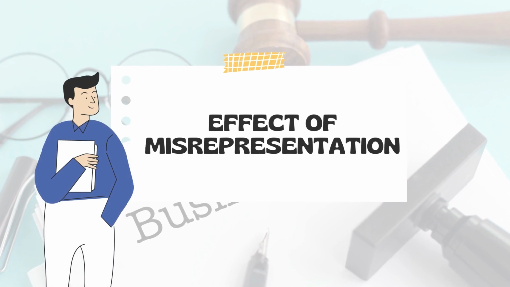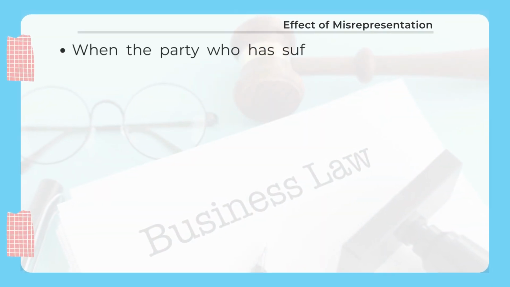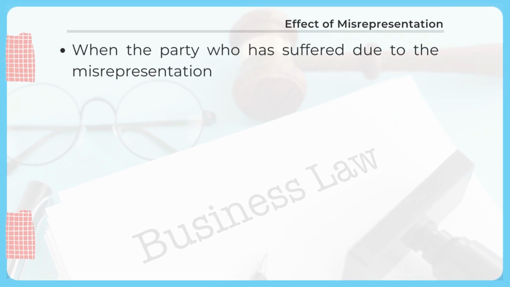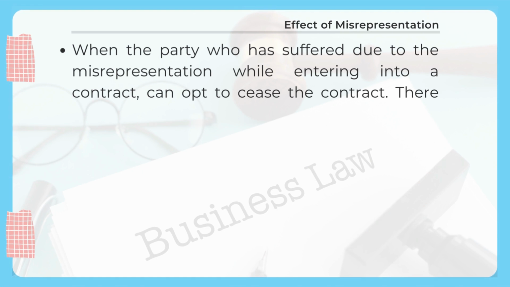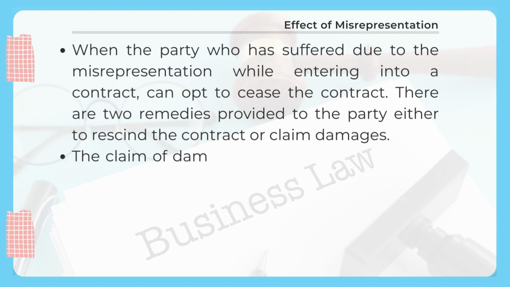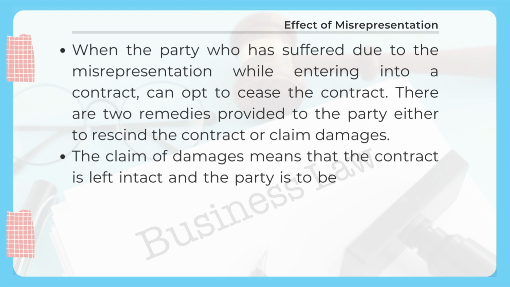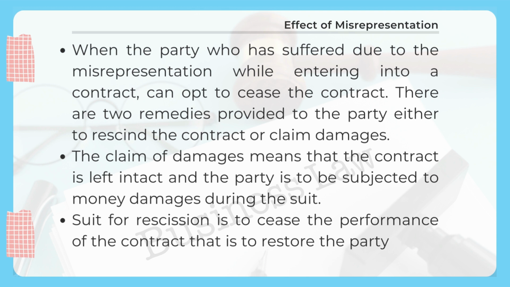What is the effect of misrepresentation? The party who has suffered due to the misrepresentation while entering into a contract can opt to cease the contract, stop the contract. There are two remedies available to the party, that is rescinding the contract or claiming the damages. Rescinding means cancelling the contract, not performing the obligations of the contract.